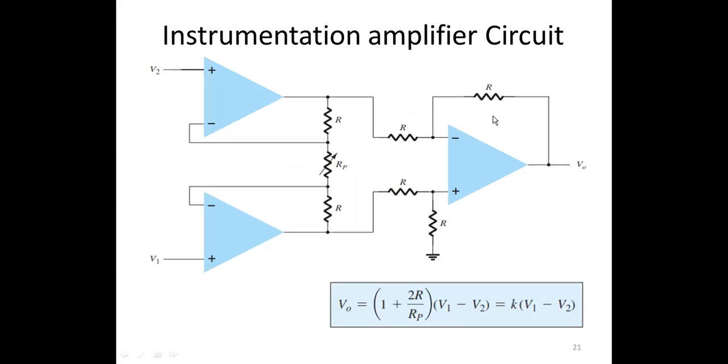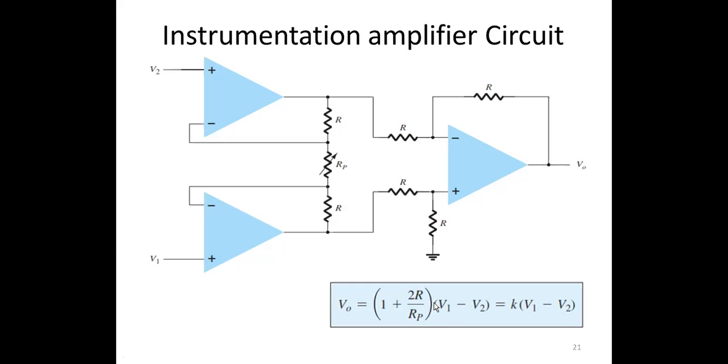So how this circuit would work and what would be the output from this circuit for these two inputs, that we need to derive, this relationship of output as a function of these two inputs. So this is the relationship that we will end up with when we analyze the circuit.